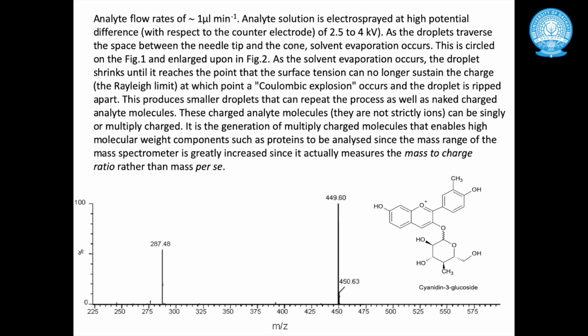The peaks which appear as shoulder peaks of the precursor ion are indicative of the compound having isotopes of the atoms involved in making the compound whose m/z value is 449.6.